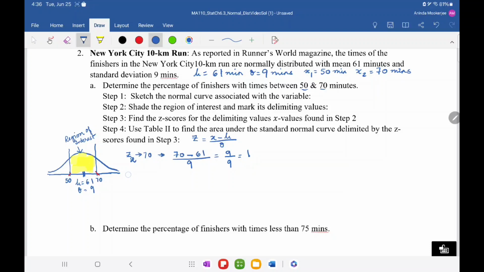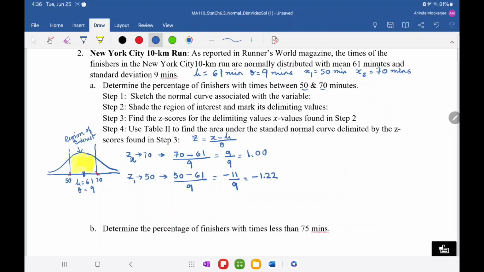That's our z value. For z sub 1, which is 50, it'll be 50 minus 61 divided by 9, correct? So 50 minus 61 will be negative 11 over 9, which is negative 1.22. Okay, so we have 1.00 as z sub 2, the z score for 70, and we have negative 1.22 for the z value of 50.